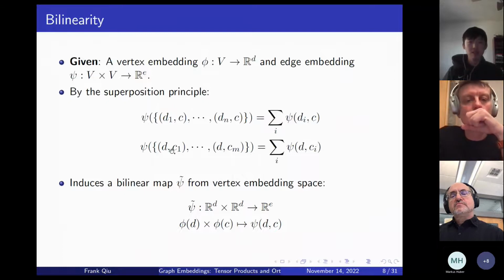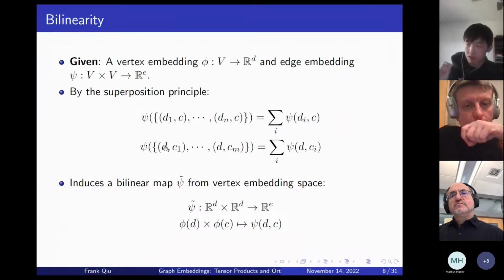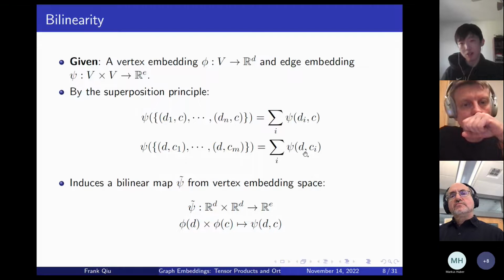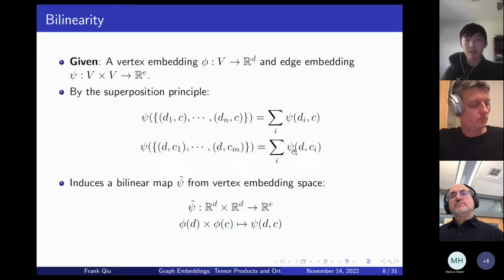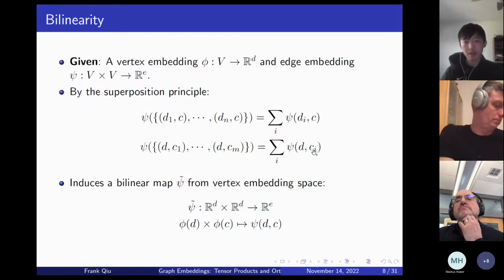If we take the case where we have a single source pointing into multiple targets, then this requires that our edge embedding method be linear in the second argument.